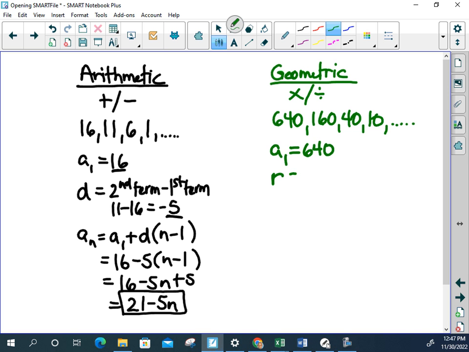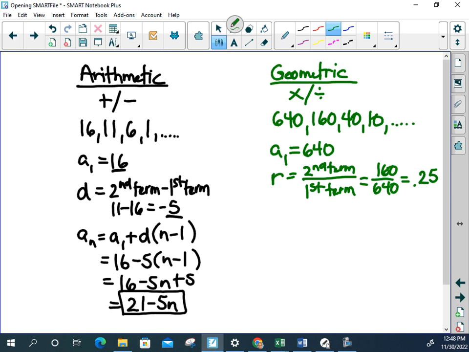This time you need an R value if it's a geometric sequence, so that's second term divided by first term. So 160 divided by 640, that's 0.25.